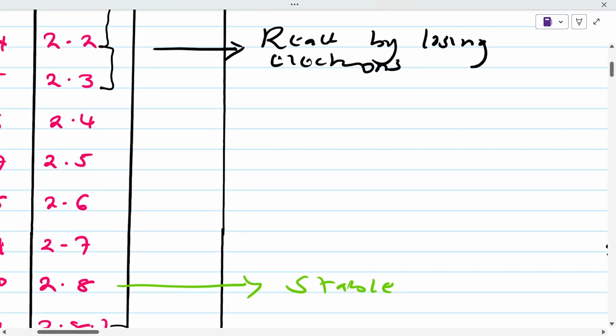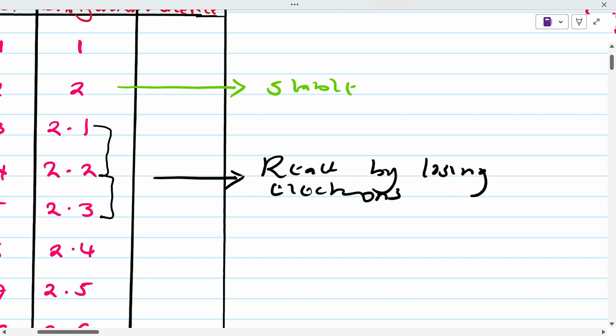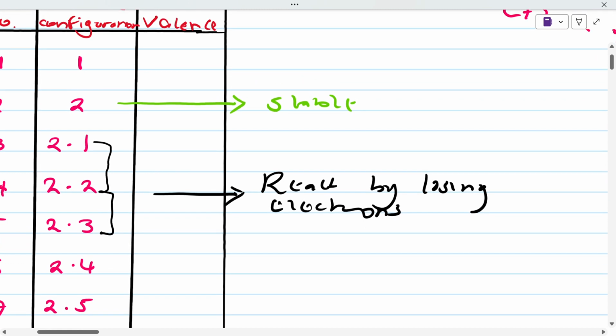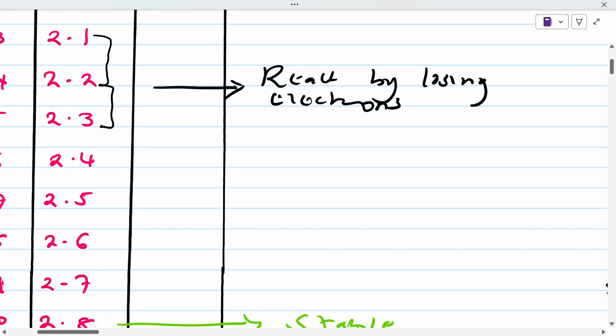Now I'm moving to the next one. Any element whose electronic configuration ends with 5, 6, and 7, I'm coming back to this area here, meaning ends with a 5 to a 7.